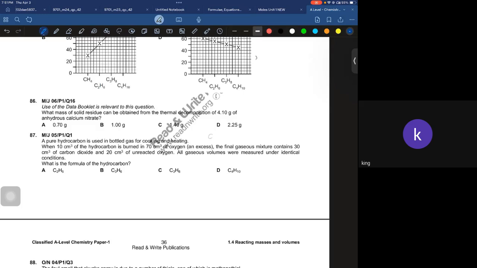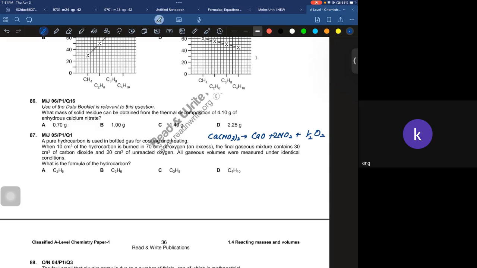Calcium nitrate gives you calcium oxide plus NO2 plus half O2. This is the balanced equation.